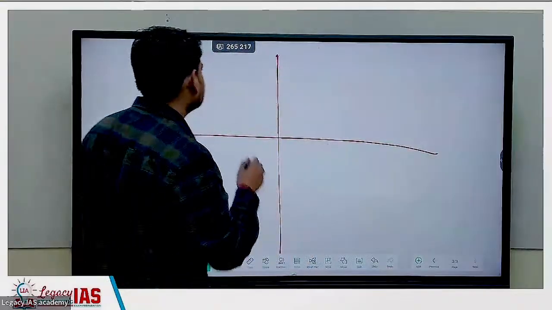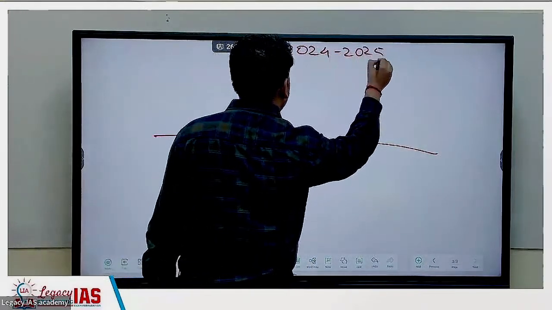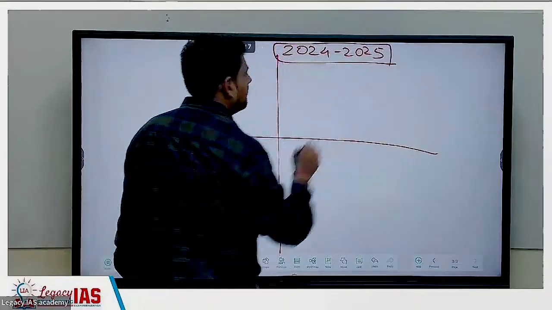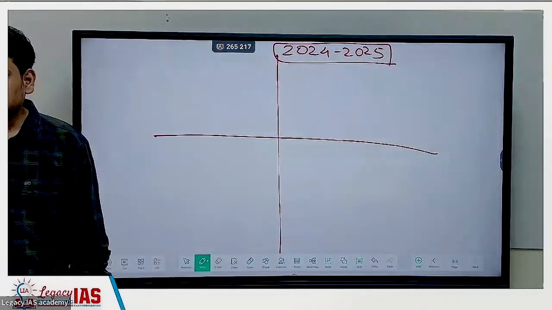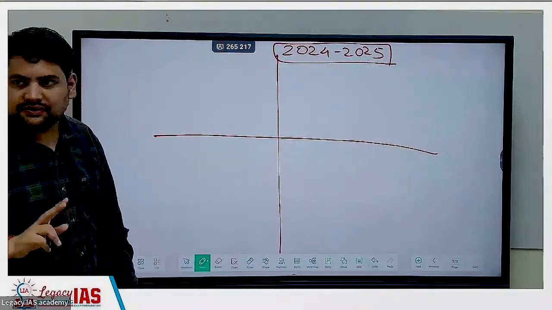See, if you look at the 2024 and 2025 paper, what you will find is they have a kind of pattern.